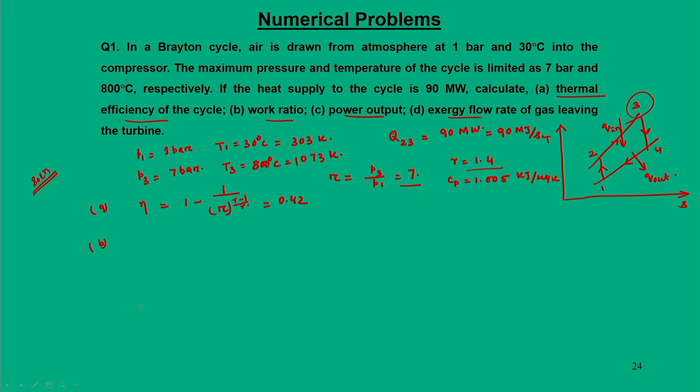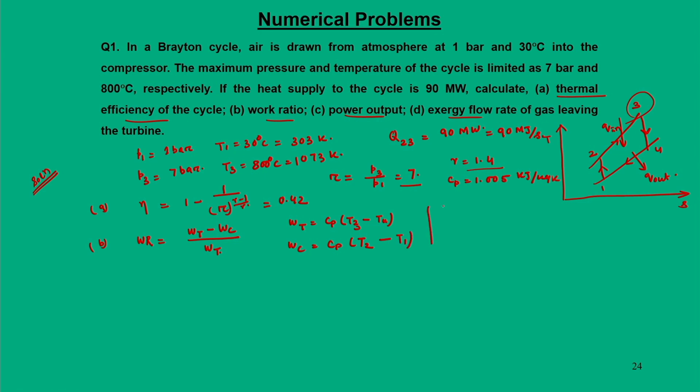Second is the work ratio. Work ratio is nothing but turbine work minus compressor work divided by turbine work. Turbine work we can find as Cp times (T3 minus T4), and compressor work will be Cp times (T2 minus T1).